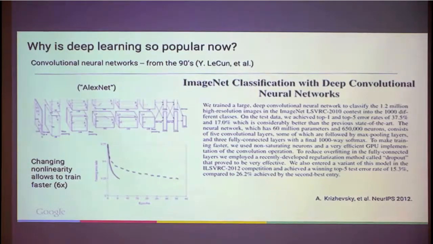So it's a hinge-like function. In one direction it kills the input to 0, and in the other direction it's just a linear function. So just switching the nonlinearity resulted in a 6 times faster speedup of training. And then there were additional training speedups coming from the GPU implementation. And those two together, combined with the size of the data set and the scale of the network, are what brought deep learning back into mainstream research.